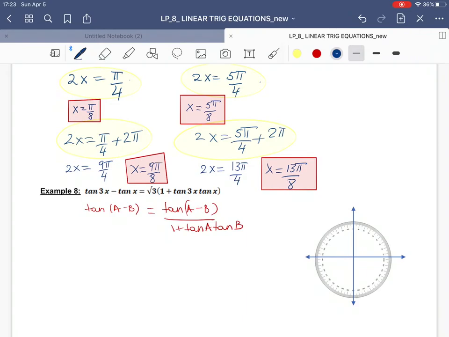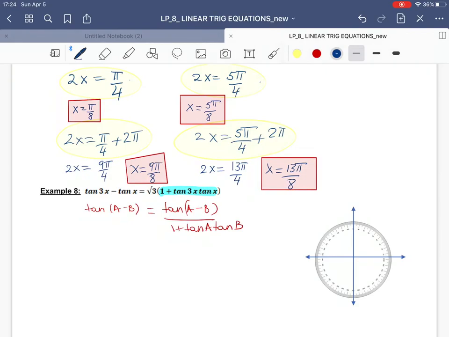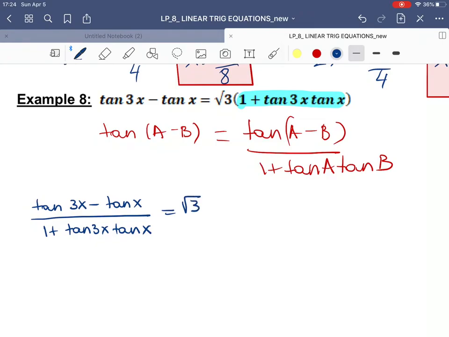Okay, here we go. So we're going to divide both sides of the equation by 1 plus tan 3x tan x. Okay, so we have, let me make this a bit bigger, tan 3x minus tan x over 1 plus tan 3x tan x equals root 3.